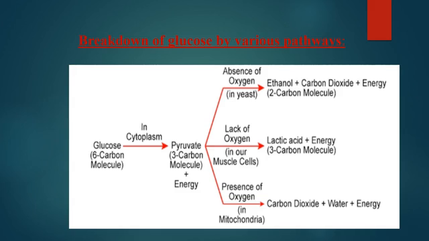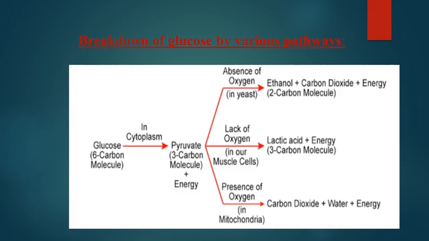Breakdown of glucose occurs in the cytoplasm and is converted into pyruvate and energy. This pyruvate has three fates. First, in the absence of oxygen, it is converted into ethanol, carbon dioxide and energy. This type of respiration can be seen in yeast.